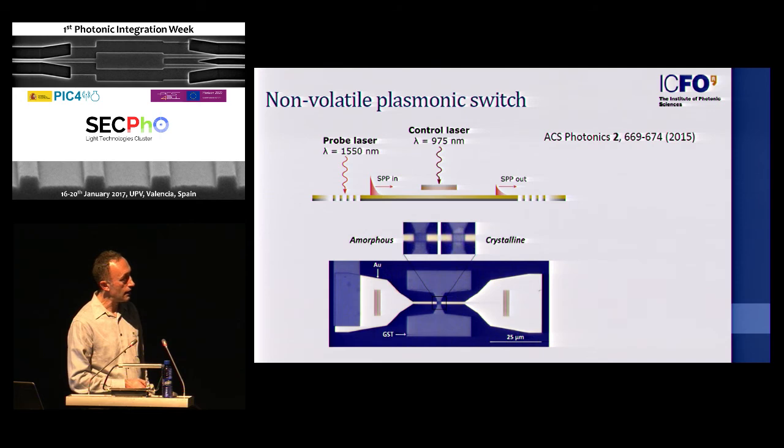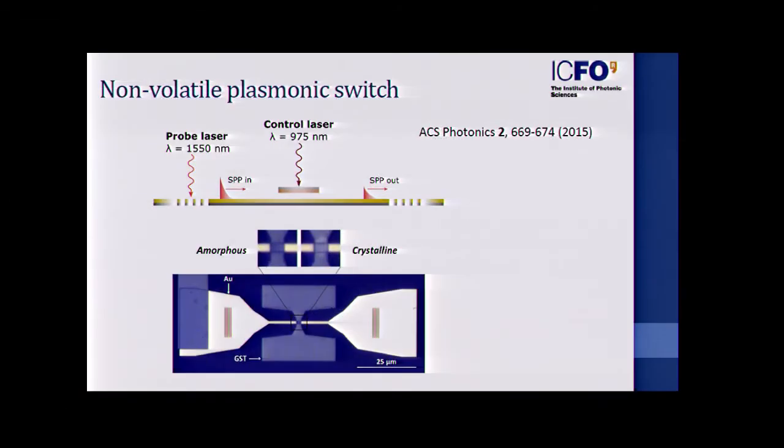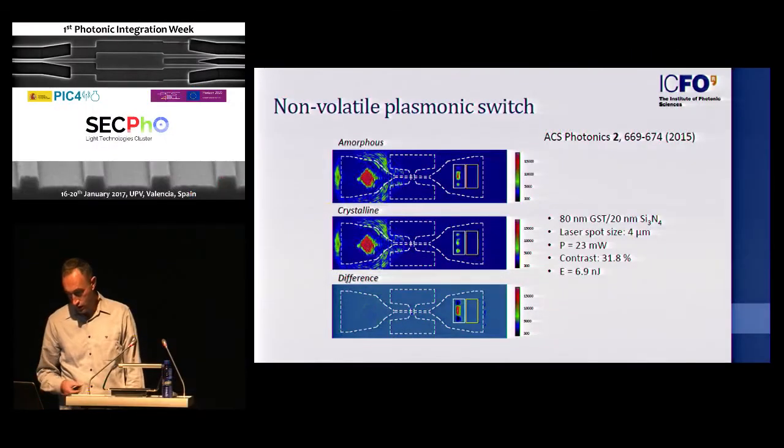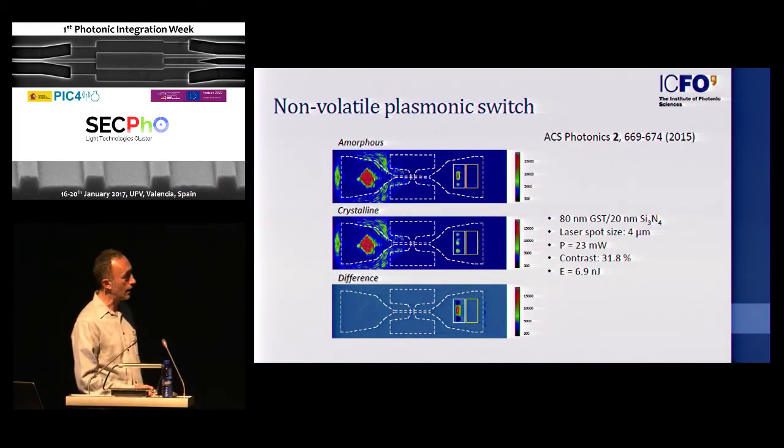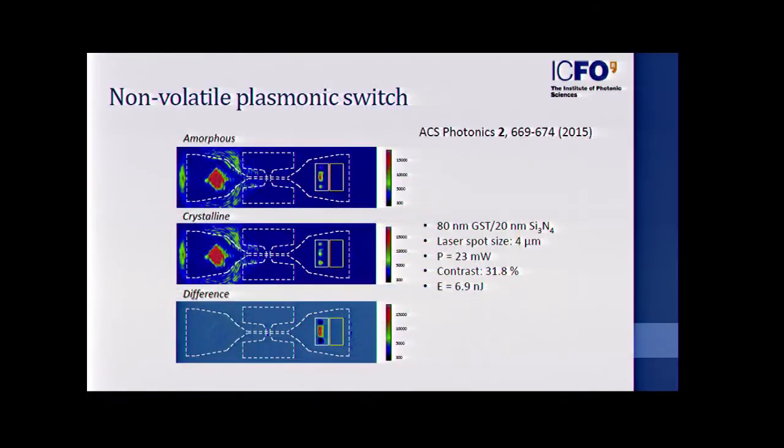And then by electrically switching, but in the end, as I said, it's an electrical pulse, but it's more a thermal effect physically, you can switch the propagation, and you are able to detect a quite significant modulation between the amorphous and the crystalline phase. So, of course, you might tell me, okay, here the question is whether plasmonic structures will ever be used in switching, right?